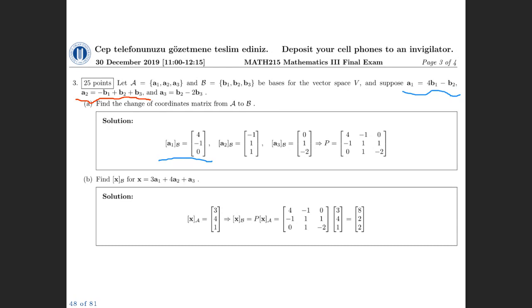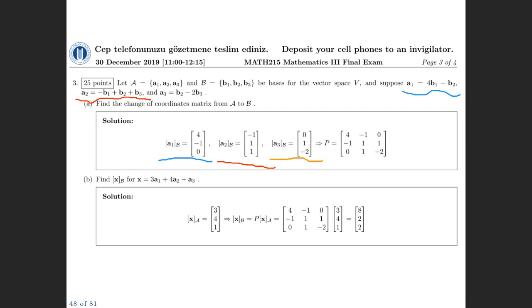The numbers are minus 1, plus 1, plus 1 here. So straight away we can write down that the coordinates for A2 relative to the basis B are minus 1, 1, 1. And for the same reason, we can see that the coordinates for A3 relative to the basis B are 0, 1, minus 2. We haven't done anything difficult yet. We've just looked at the information we've been given.